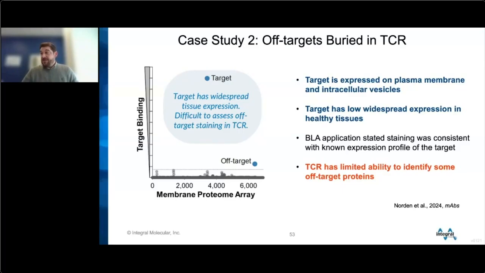The application stated that staining again was consistent with a known expression profile, but essentially in the absence of a good negative control tissue, the TCR was limited in its ability to identify the off-target. Because the MPA expresses each protein in the array individually, these off-targets are revealed by our platform.